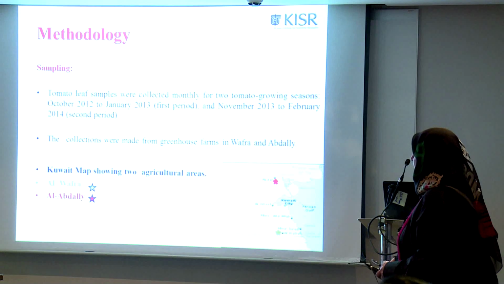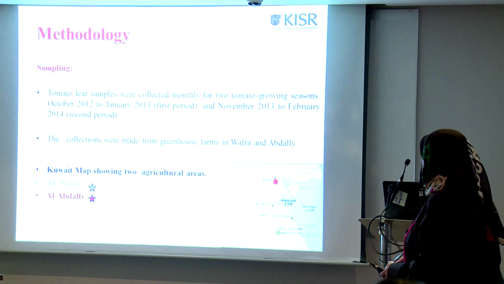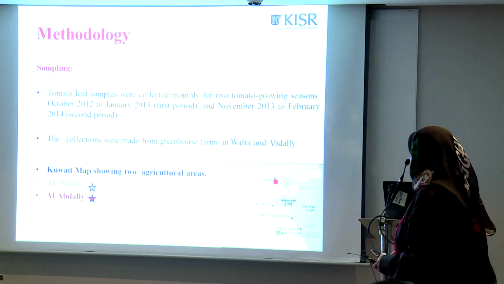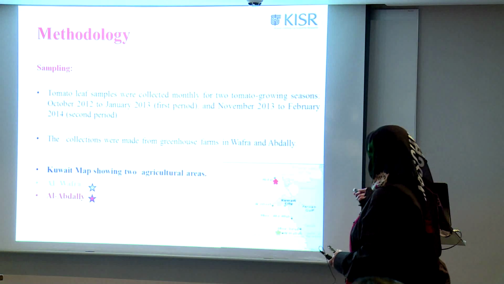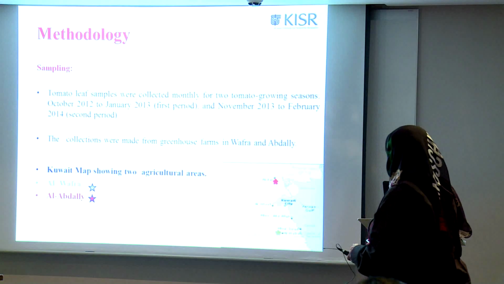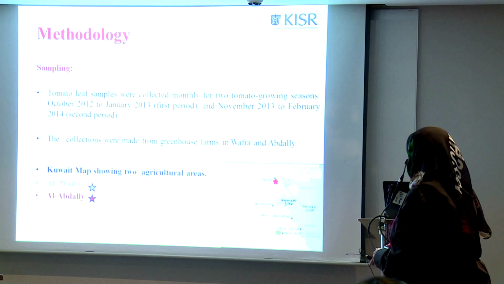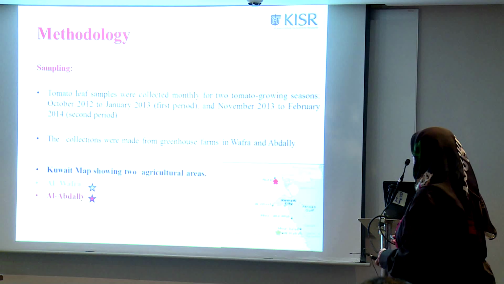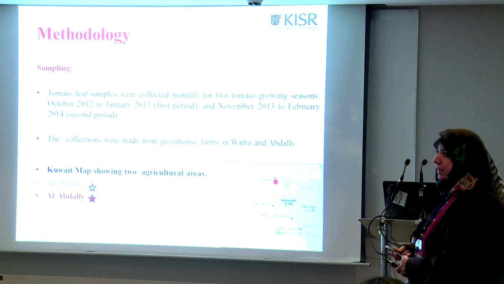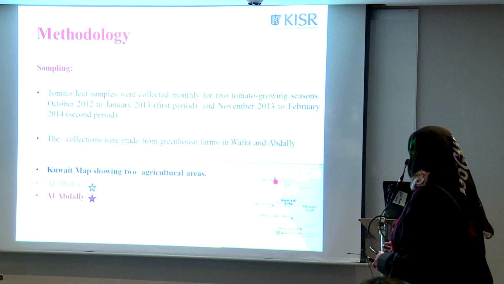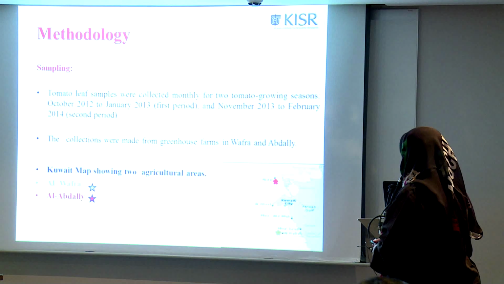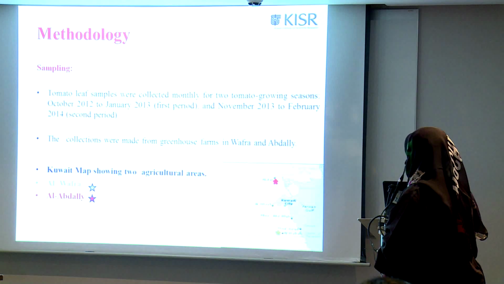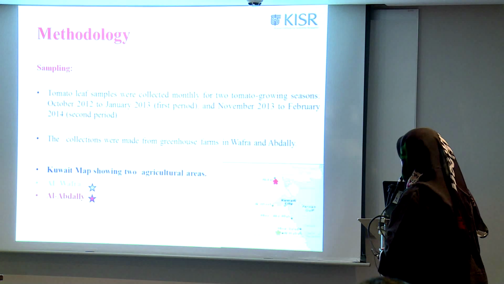Two methods we used in collecting the samples from North Kuwait, which was Abdali, and South Kuwait, which was Wafra. We have two district areas for agriculture, and if you can see in the north, we are neighbors to Iraq and Iran, and in the south we are very close to Saudi Arabia.